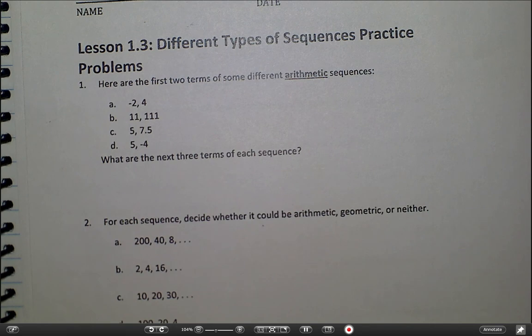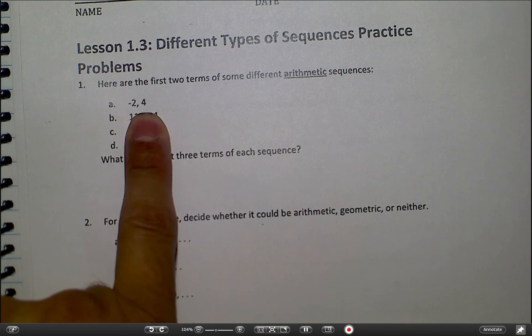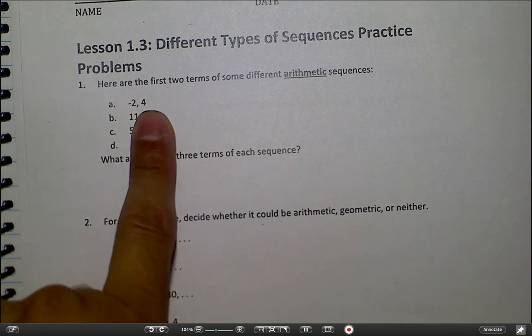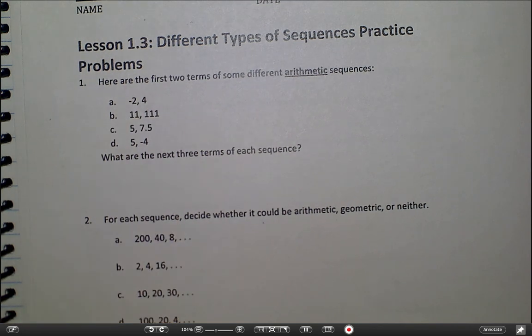Class? What does arithmetic mean? Add or subtract. Say add or subtract. Very good.